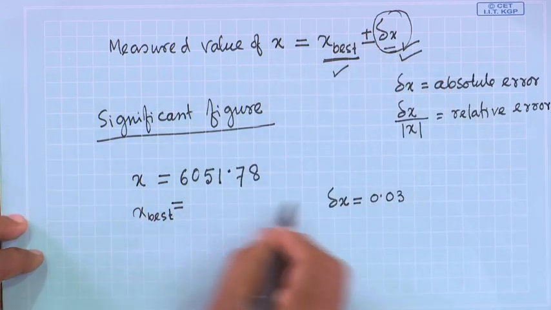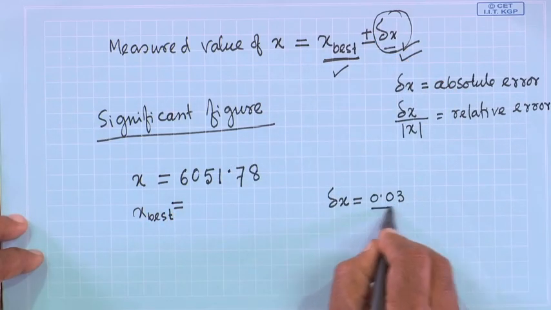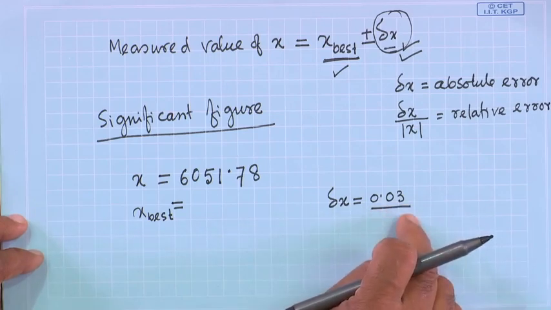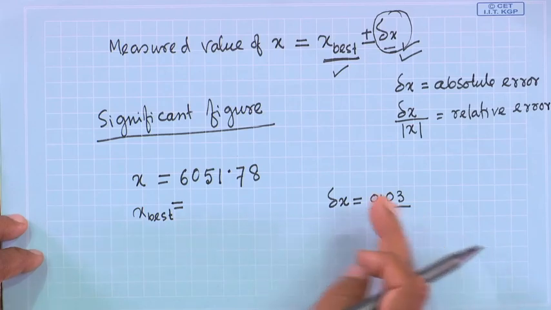So, in this case, you see here after decimal there are 2 digits. So, we can claim our accuracy up to 2 digits after decimal. In x best value we can keep up to 2 digits, we cannot keep more than 2 digits. If it is more than 2 digits, that means we are claiming more accuracy. We cannot claim more accuracy because our error is telling us our accuracy is up to 2 decimal points.